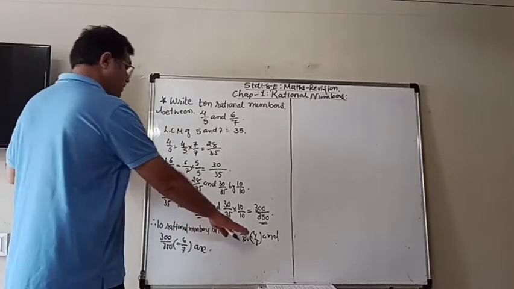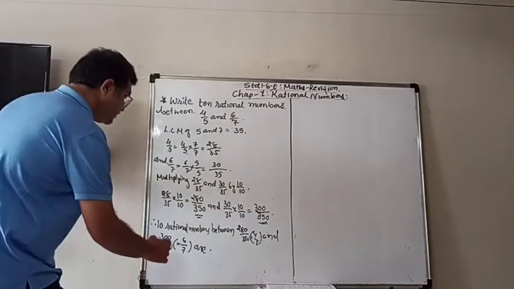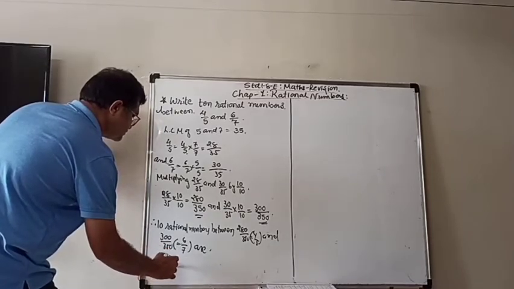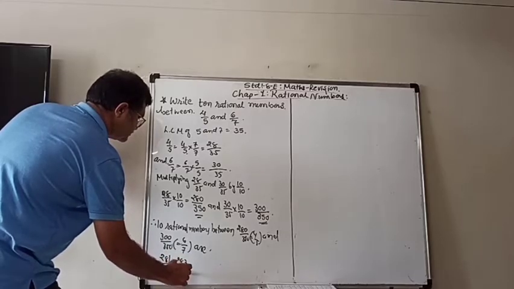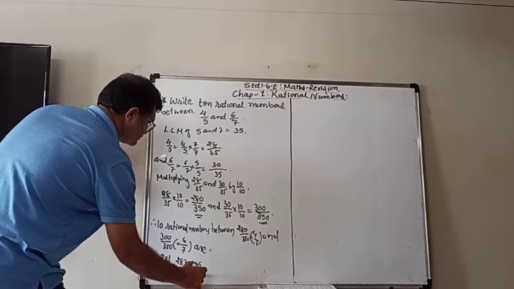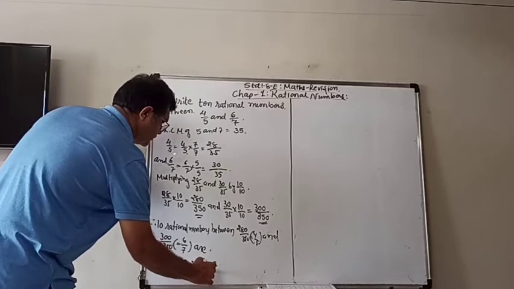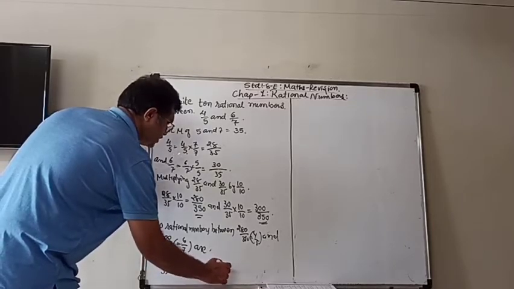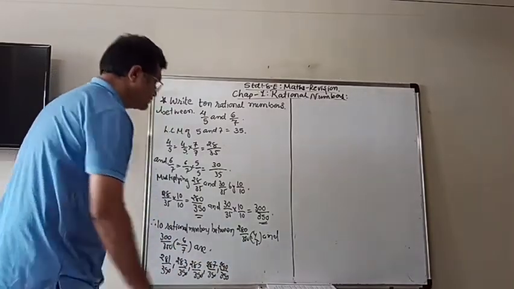So now between 280 and 300 we can take 281 upon 350, 283 upon 350, 285 upon 350, 287 upon 350, 290 upon 350.